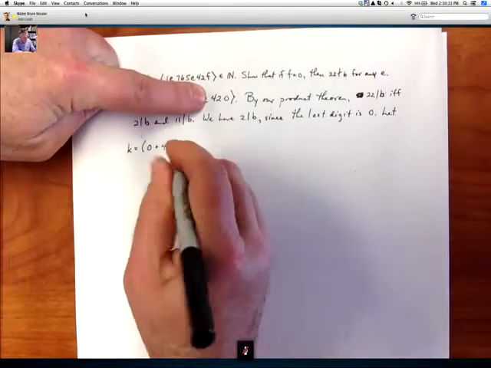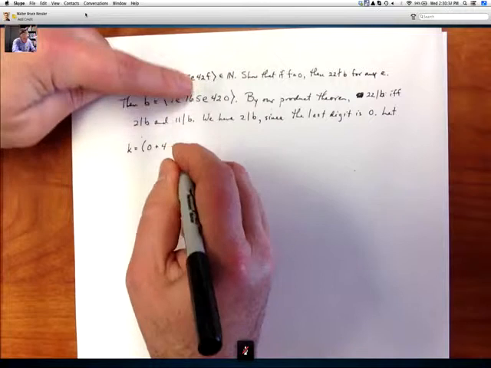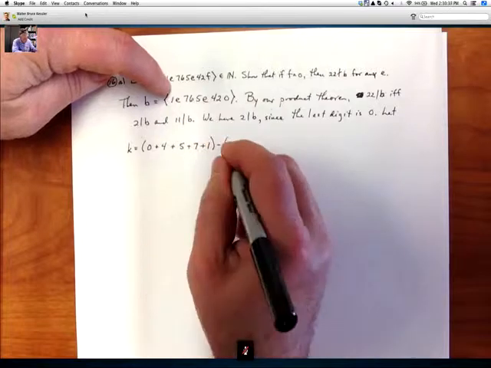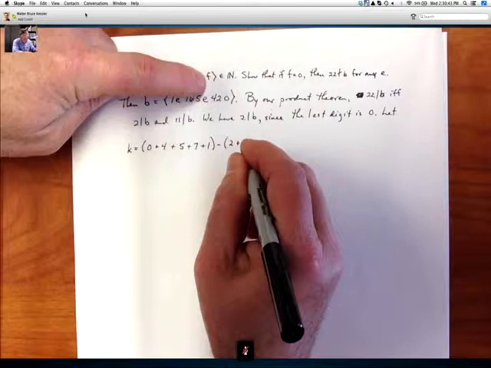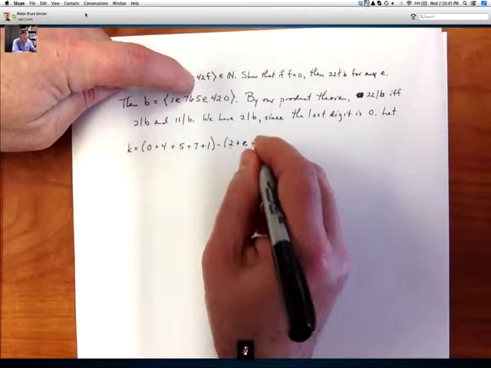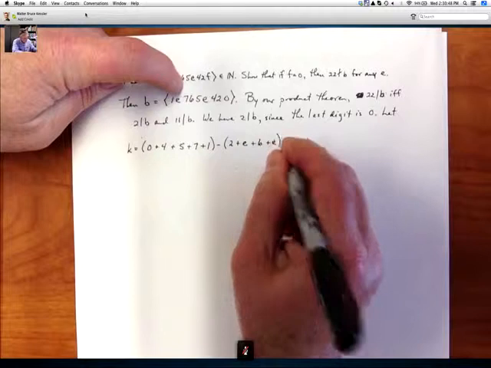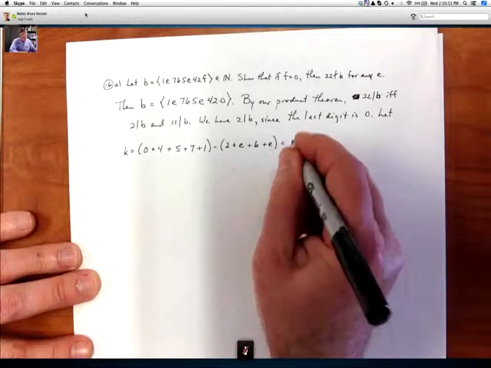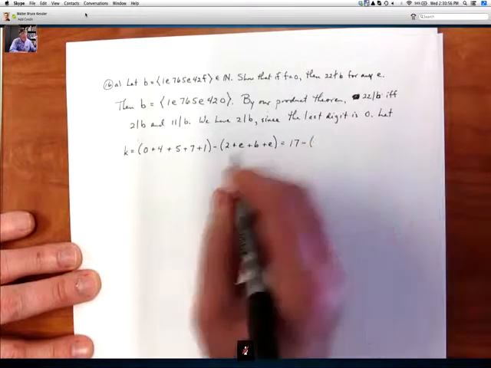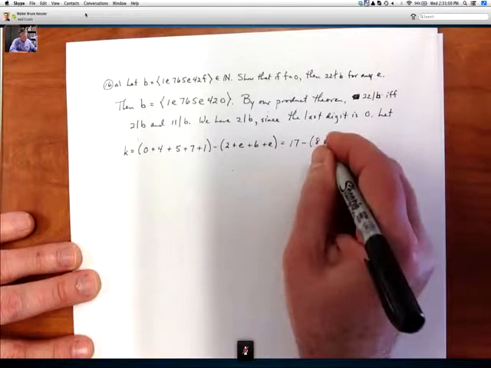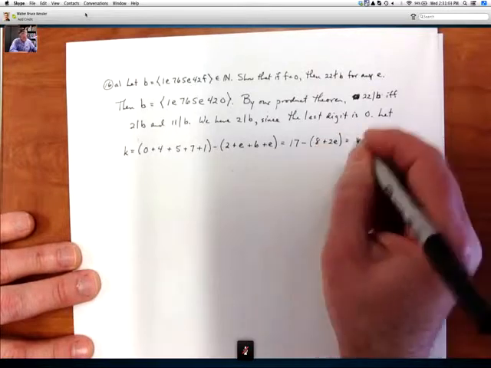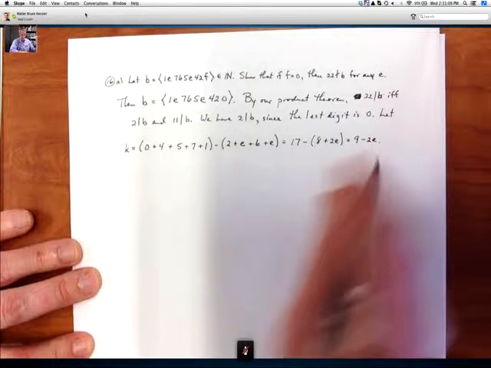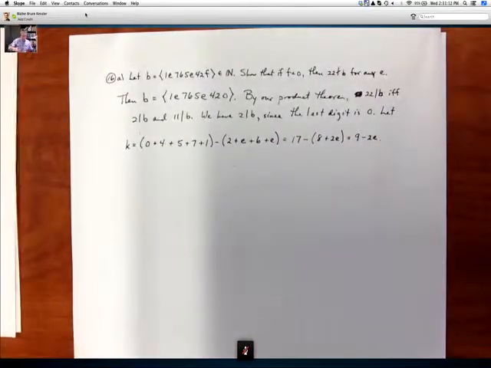So you got 0 plus 4 plus 5 plus 7 plus 1, and then we'll subtract 2 plus E plus 6 plus E quantity. So what is this? This is 9, 16, 17 minus, and this is 8 plus 2E. So this is 9 minus 2E. Okay?